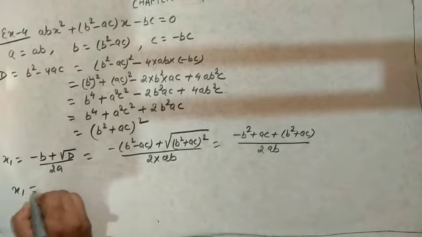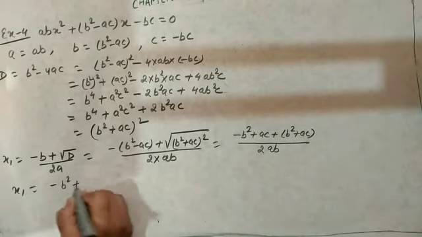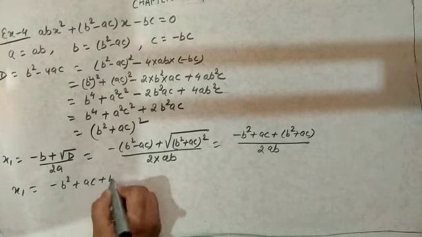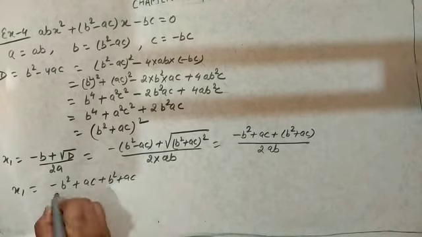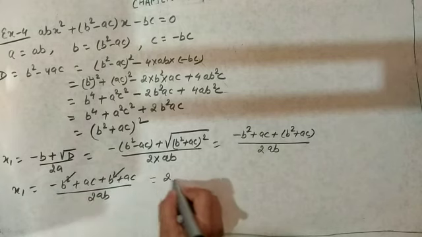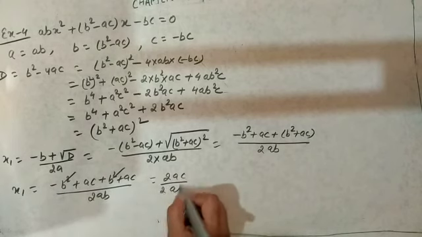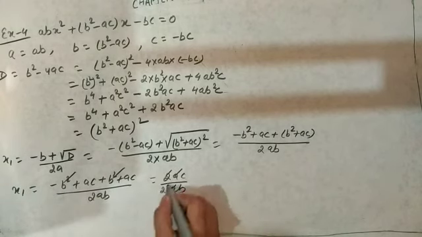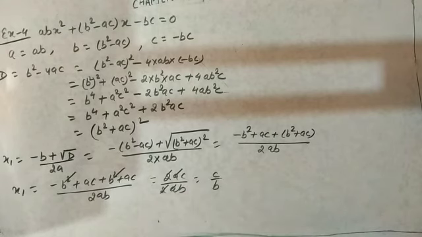So x1 = (−b² + ac + b² + ac) / 2ab. It will be 2ac divided by 2ab. The 2 cancels, so x1 = c/b.